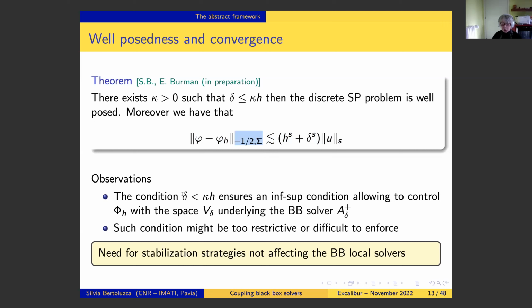Observe that the condition delta less or equal than kh is basically equivalent to ensuring that an inf-sup condition is satisfied, allowing to control the space phi h with the space V delta that I don't know about, but it's underlying my black box solver, A plus delta.